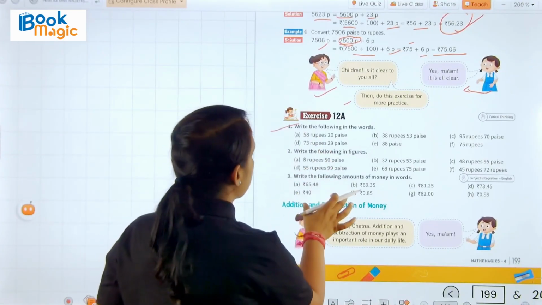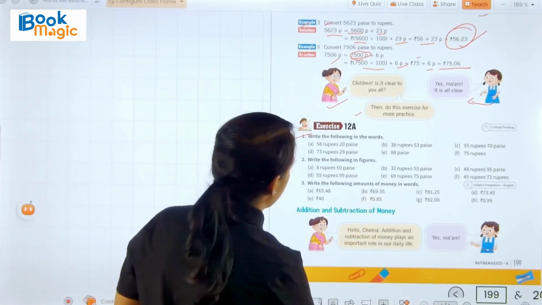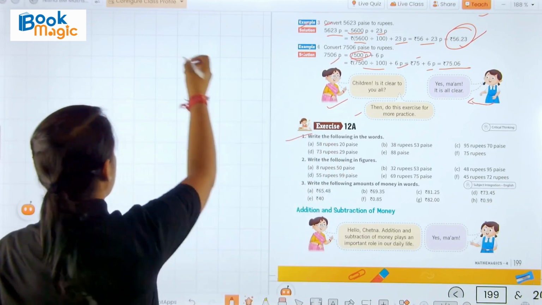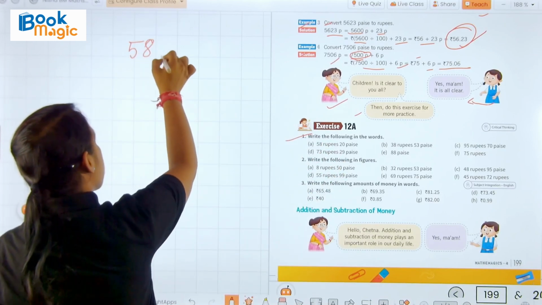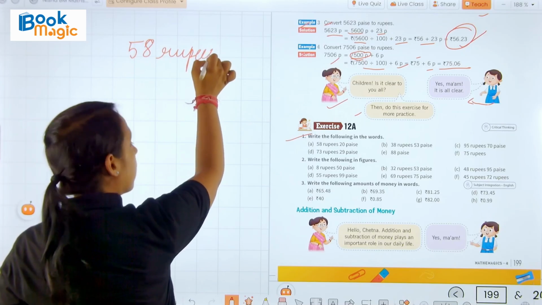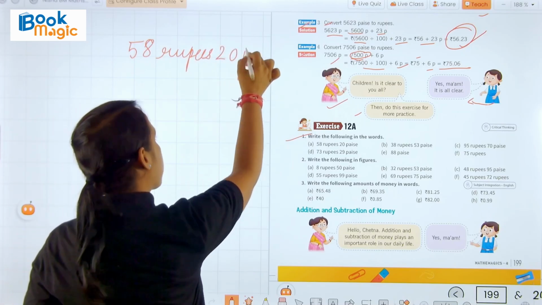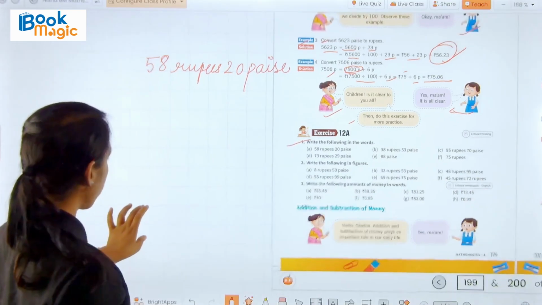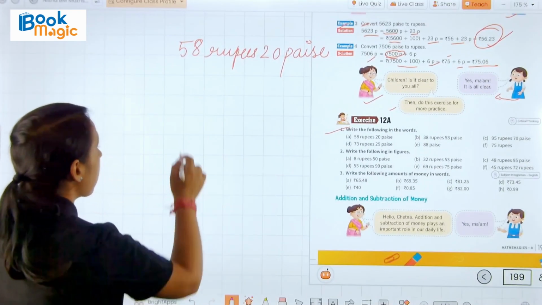The first one is 58 rupees and 20 paise. We have to write this amount in words. So for writing this amount in words we can write it as 58.